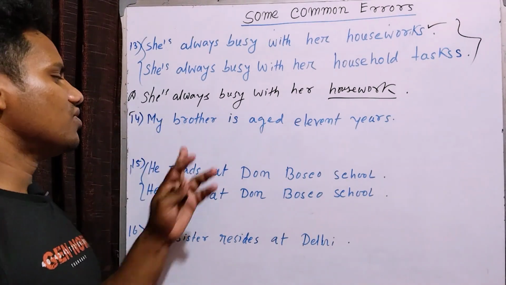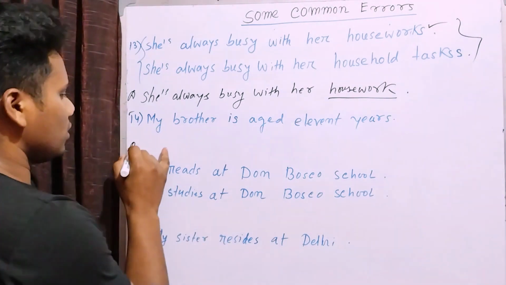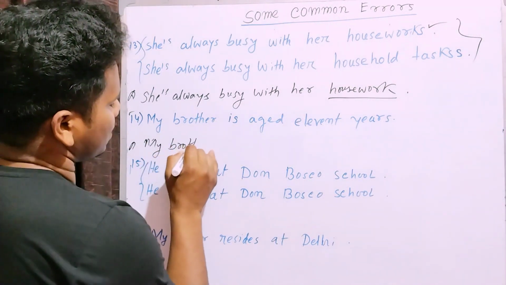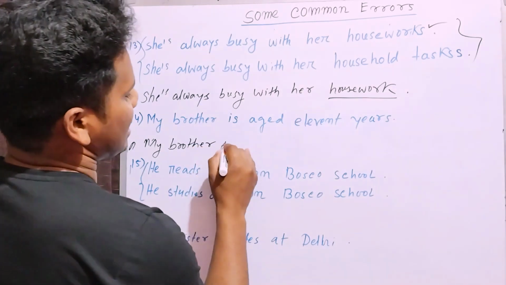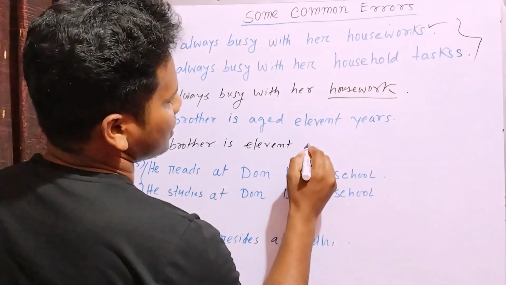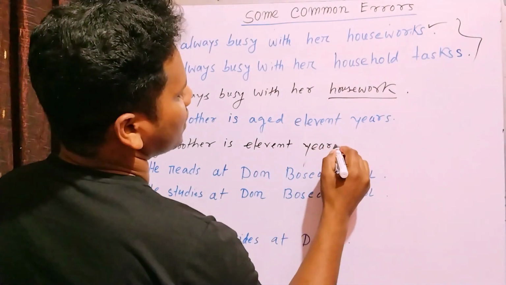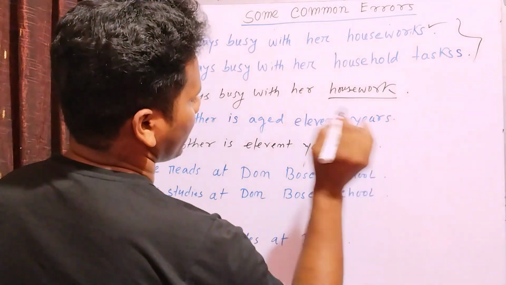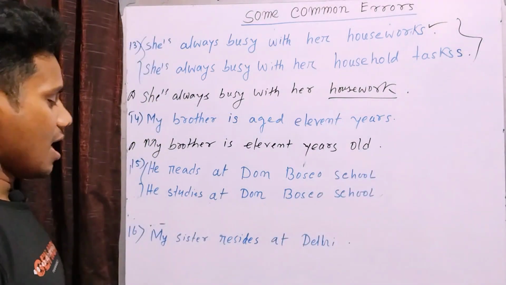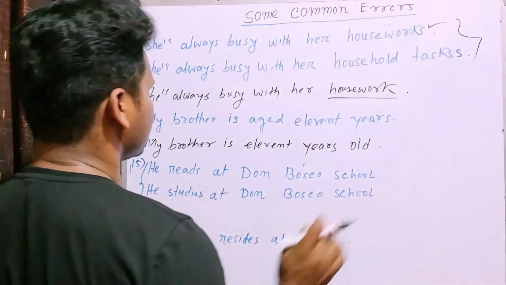Next: my brother is aged 11 years. Right one will be: my brother is 11 years old. Next: he reads at Don Bosco School, and he studies at Don Bosco School. Both are incorrect.